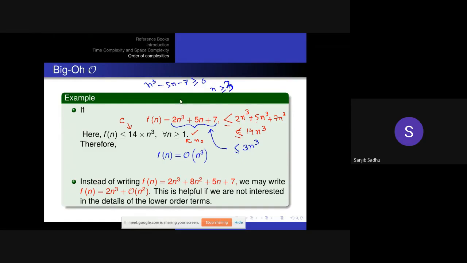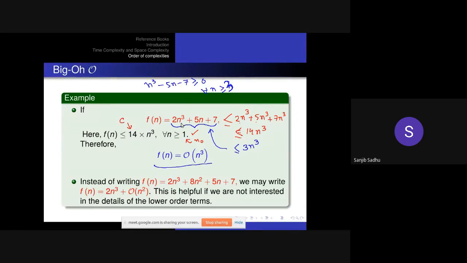So your friend says this expression is less than or equal to 3 n cube, where n is greater than or equal to 3, and you are saying this is less than or equal to 14 n cube, for all values of n greater than or equal to 1. Both of them are correct, because both are saying that this function is big O of n cube.